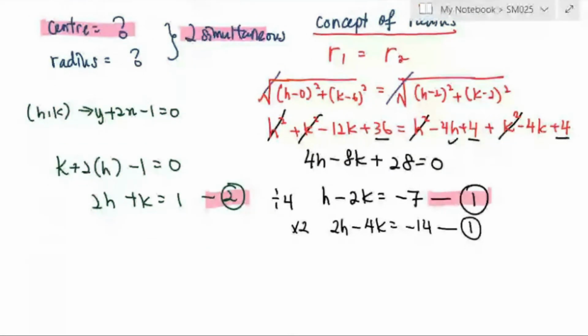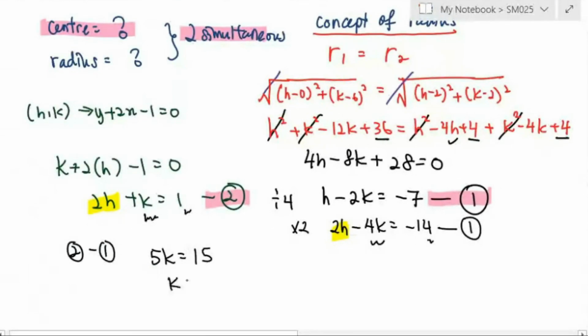Since they have the same 2h, I solve by 2 minus 1 so that the 2h will be eliminated. K minus negative 4 will be plus, and then 1 minus negative 14, negative becomes plus. So finally I get my k coordinate.